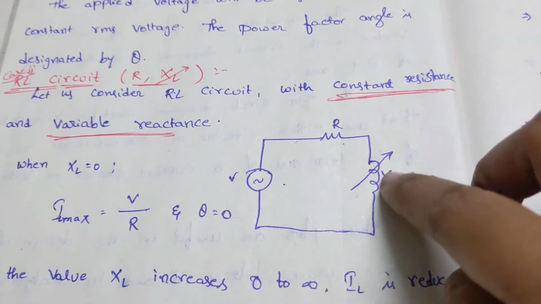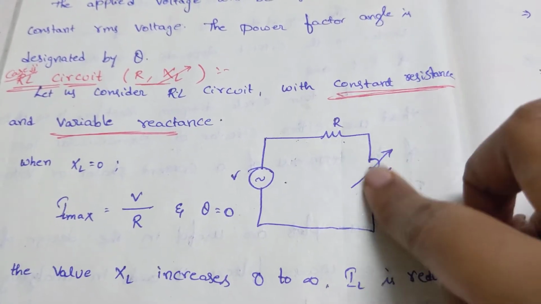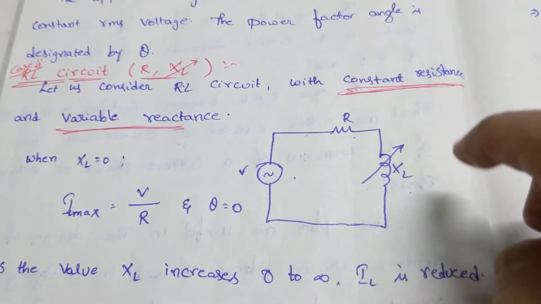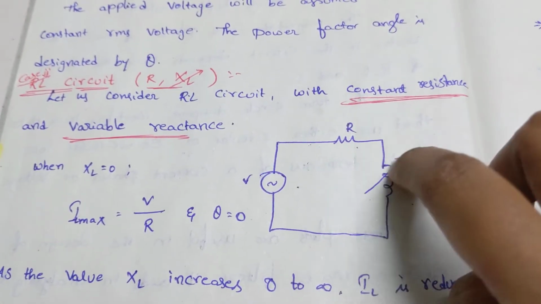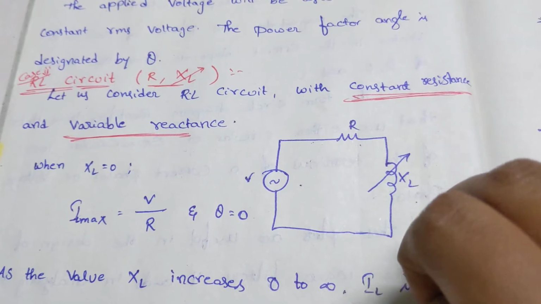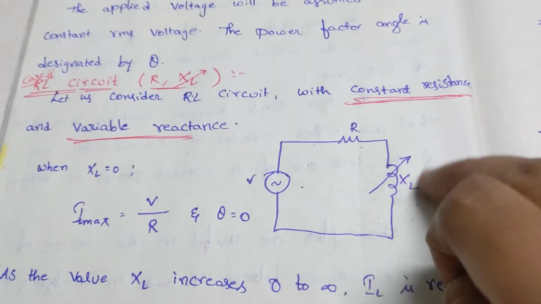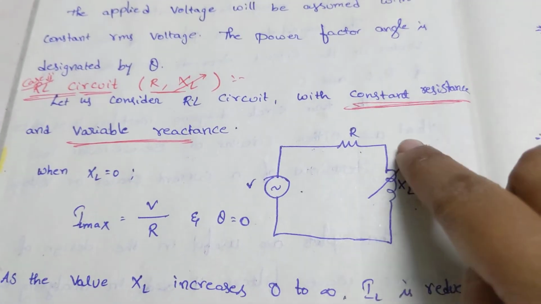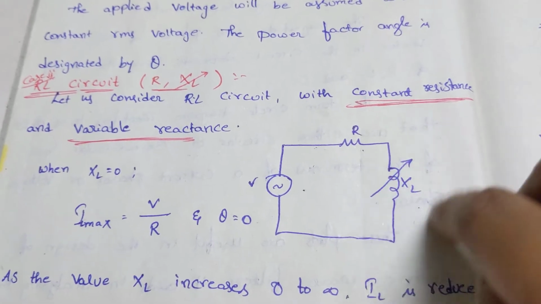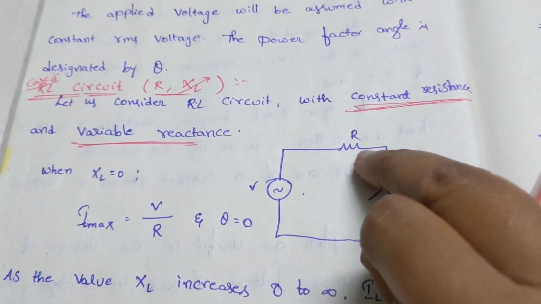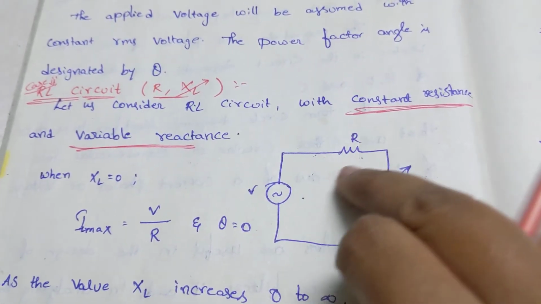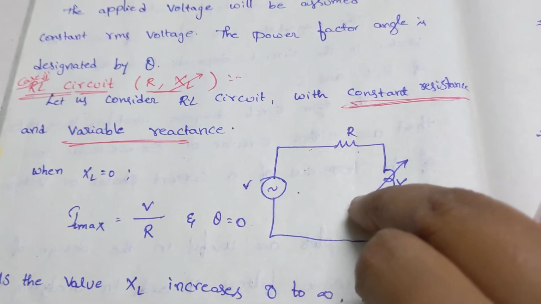If this reactance is minimum, then what is the nature of the total circuit? Resistive nature, because XL is 0. If XL is 0, there is no need to consider it. The only element in your circuit is resistance, so the total circuit is resistive in nature.